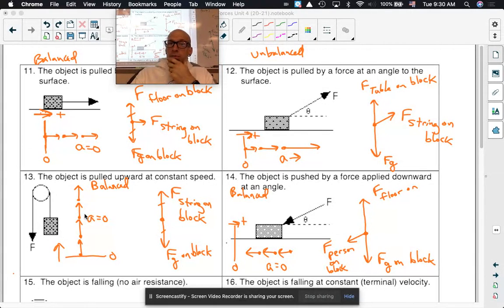For 13, balanced, it says up. Is this force diagram correct? For balanced, upward moving at a constant velocity. And lastly, number 14 here, I'm saying that this is balanced, constant velocity, no acceleration. Does this diagram show balance?